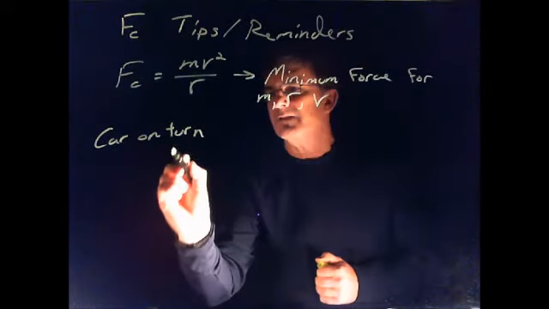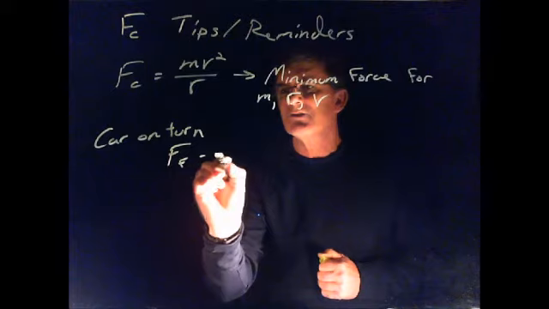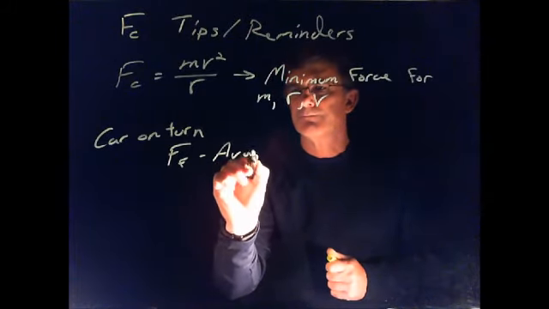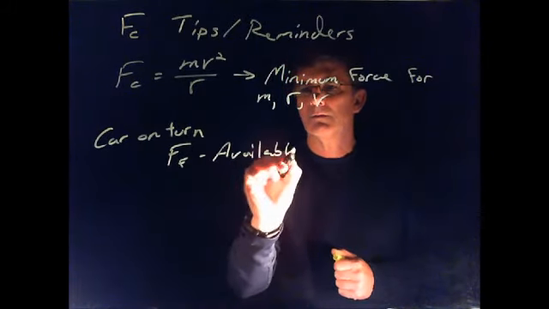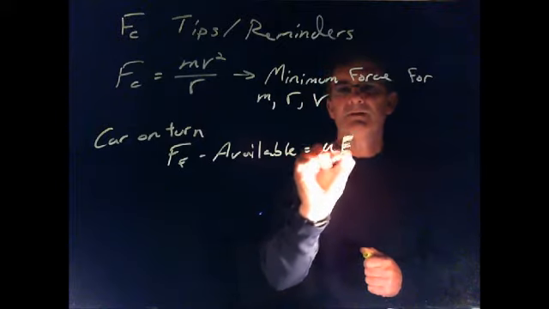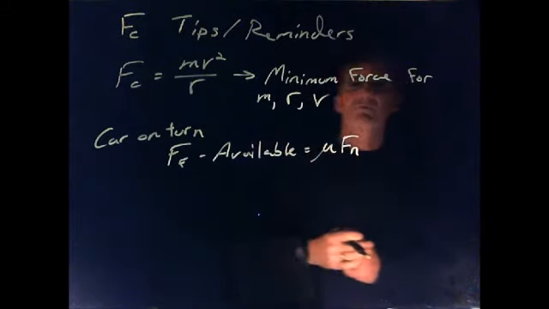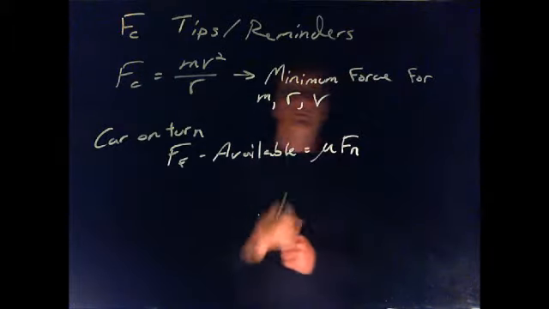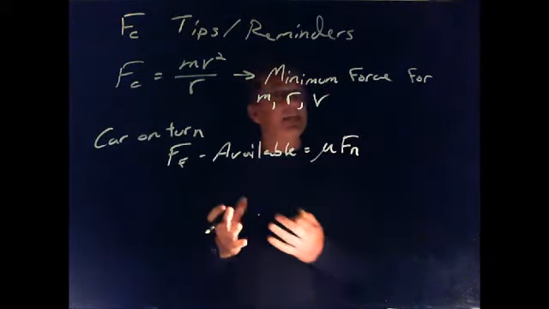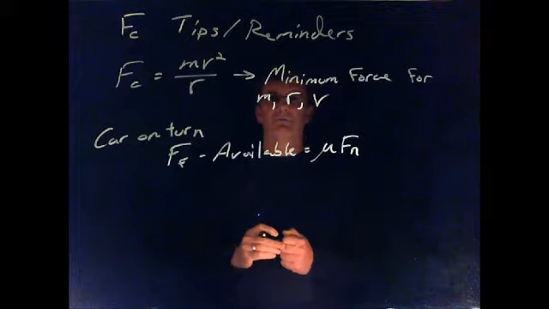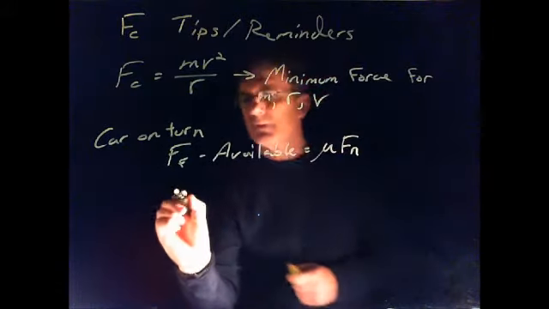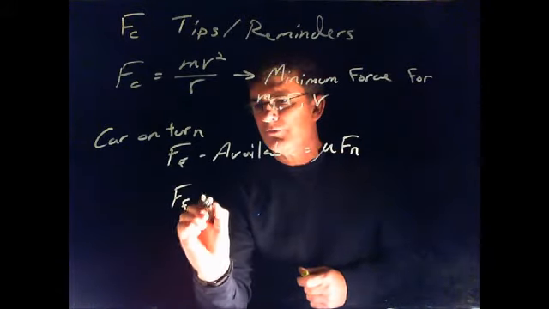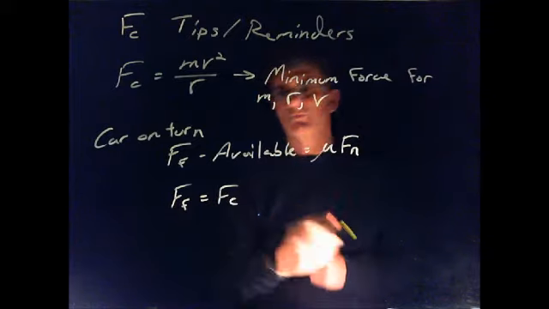Kind of already said that frictional force, that's our available force. Mu Fn. This is how much force we have available. All of that force does not have to go into turning the car. It can, but it doesn't have to. So let's say our frictional force is equal to centripetal force.